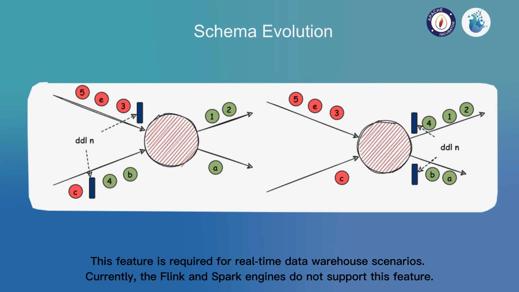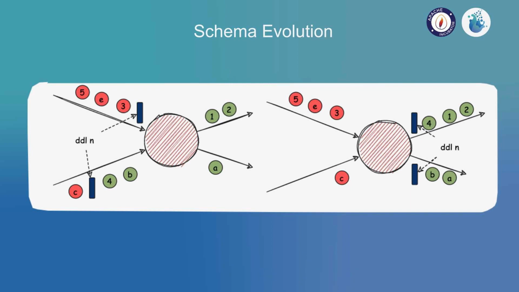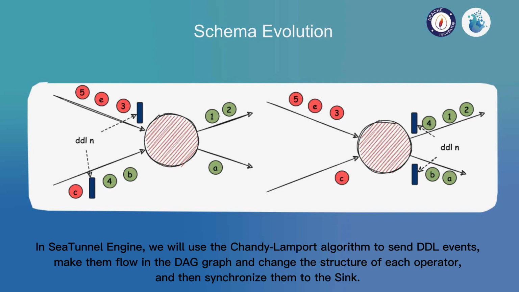This feature is required for real-time data warehouse scenarios. Currently, the Flink and Spark engines do not support this feature. In SeaTunnel Engine, we will use the Chandy-Lamport algorithm to send DDL events, make them flow in the DAG graph and change the structure of each operator, and then synchronize them to the sink.